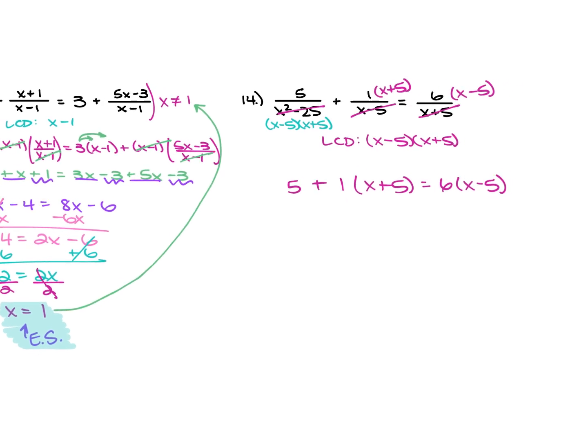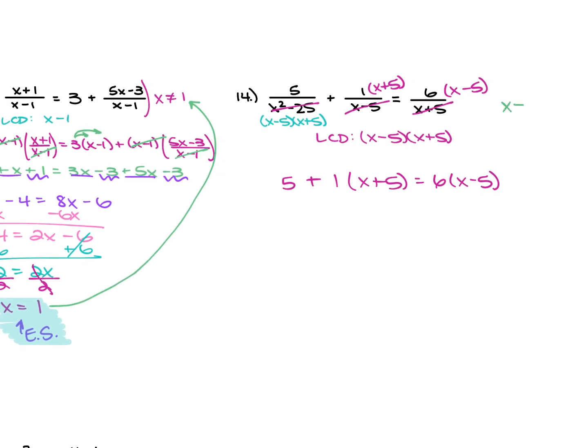You can also say that your x cannot equal negative 5 as well as it cannot equal positive 5. Because if you set the x minus 5 not equal to 0, you get x cannot equal 5. If you set the x plus 5 cannot equal 0, it gives you the x cannot equal negative 5.